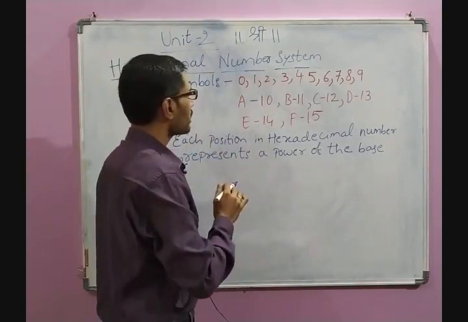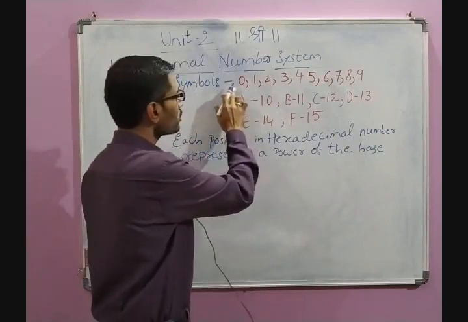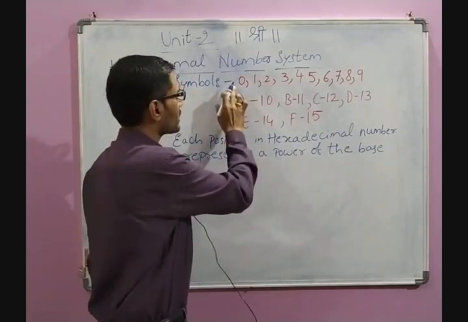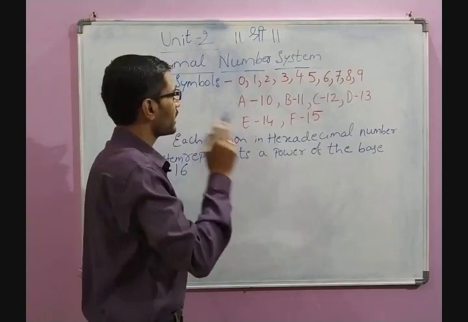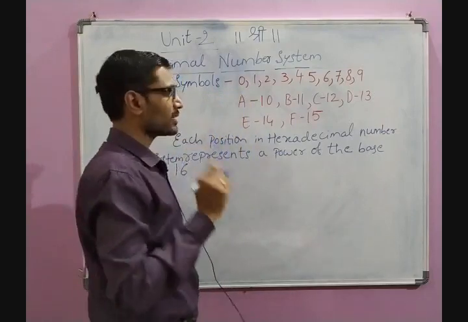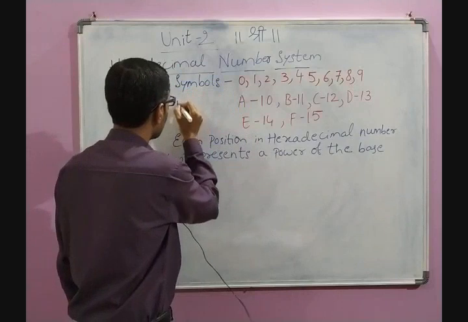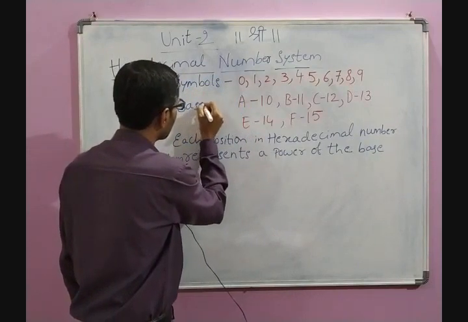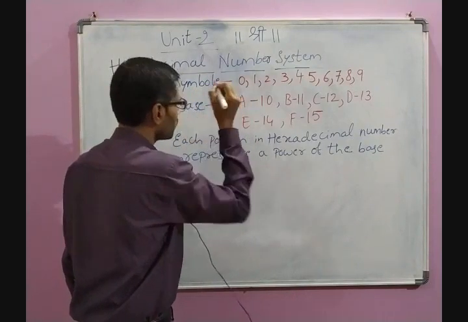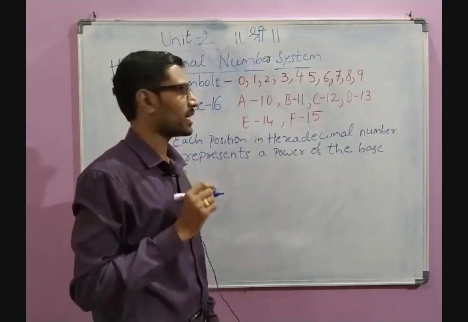If you remember, the smallest single digit will always be 0, and the largest digit will be 1 less than the base. The base for the hexadecimal number system is 16.